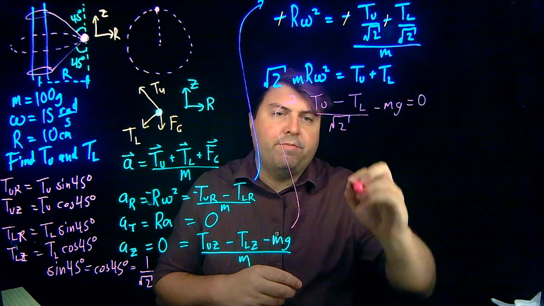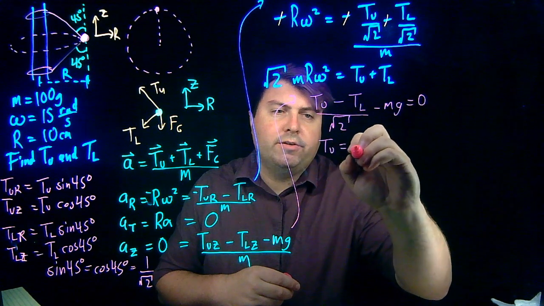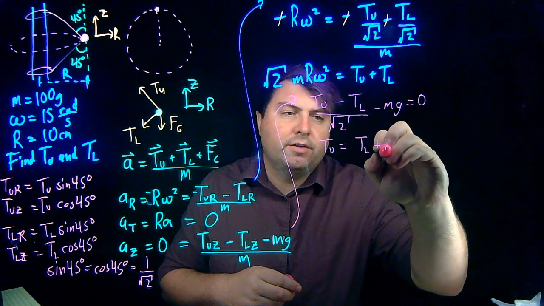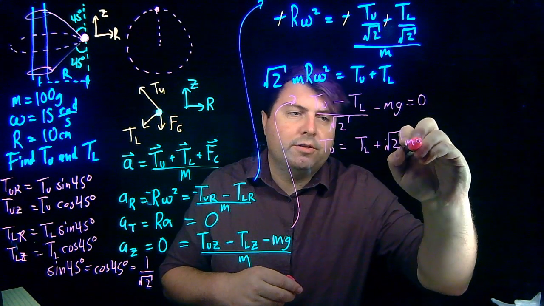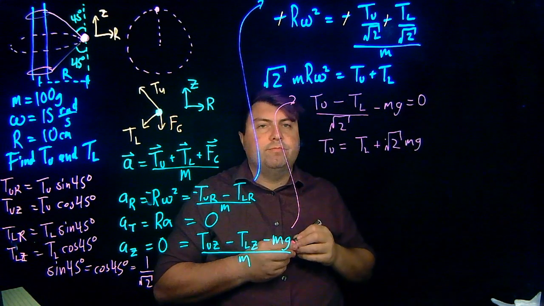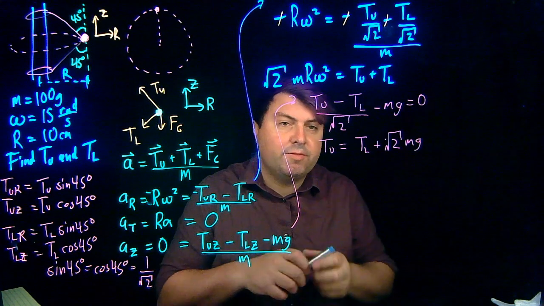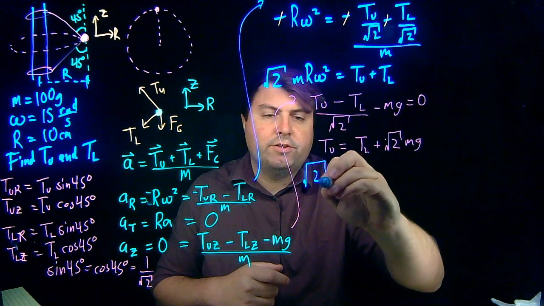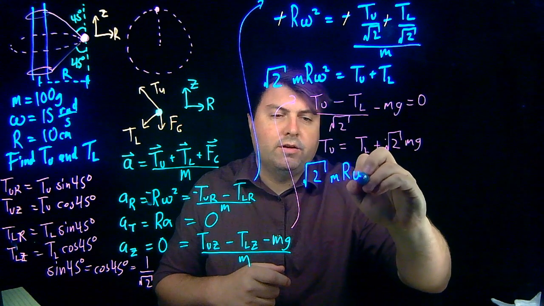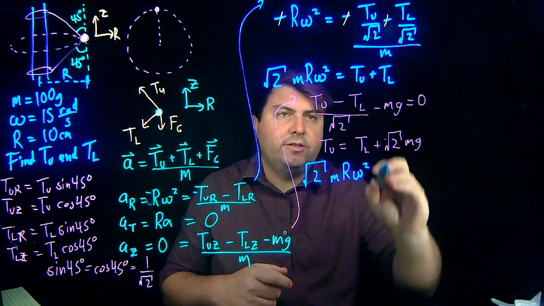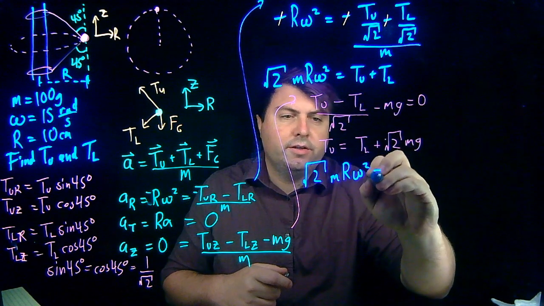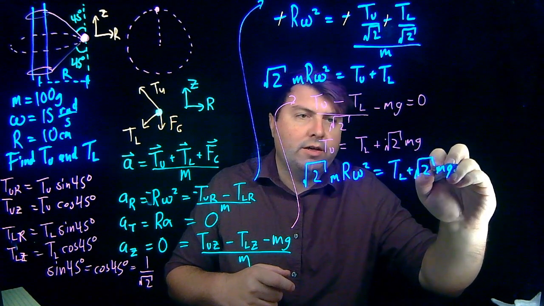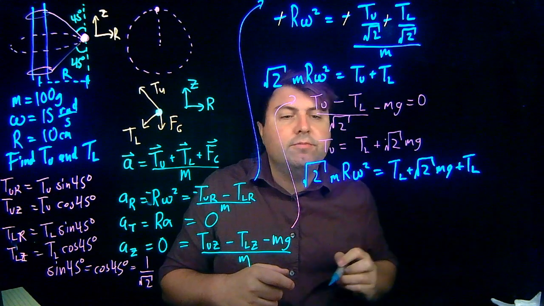With a little bit of math, we can get for this one that TU is equal to TL plus square root of 2 mg. And then we can substitute this into the other equation. We have square root of 2 m r omega squared, and every time we see TU, we can replace it with this. So we have TL plus square root of 2 mg plus TL.